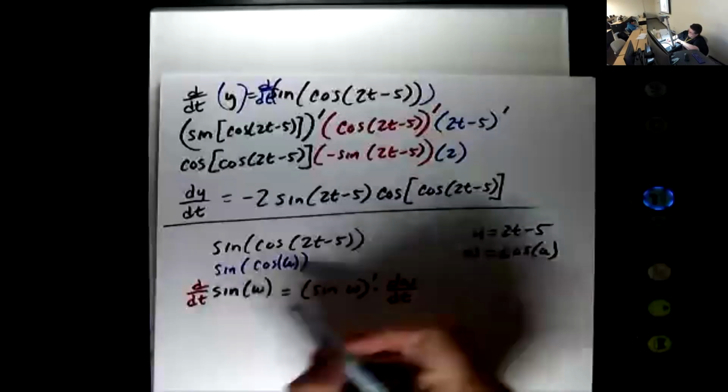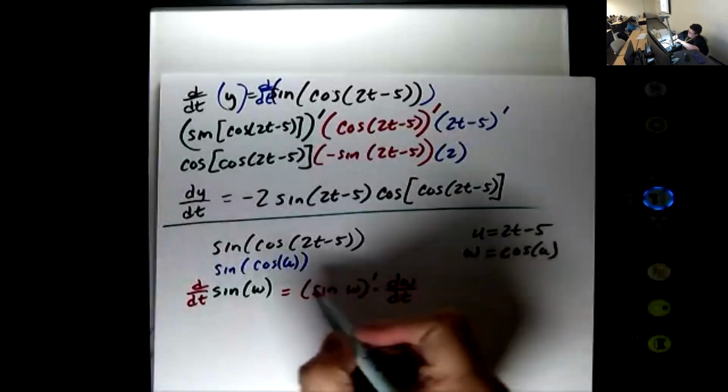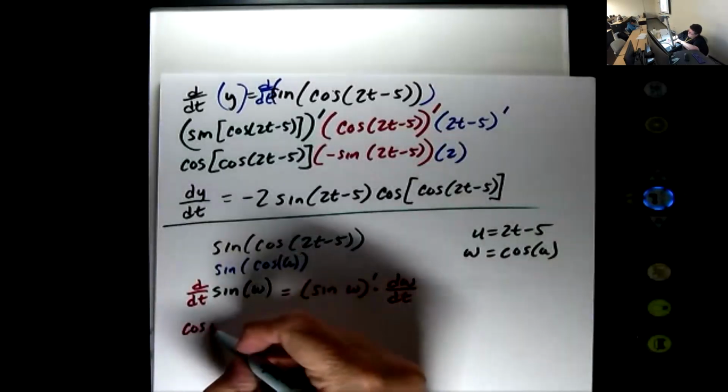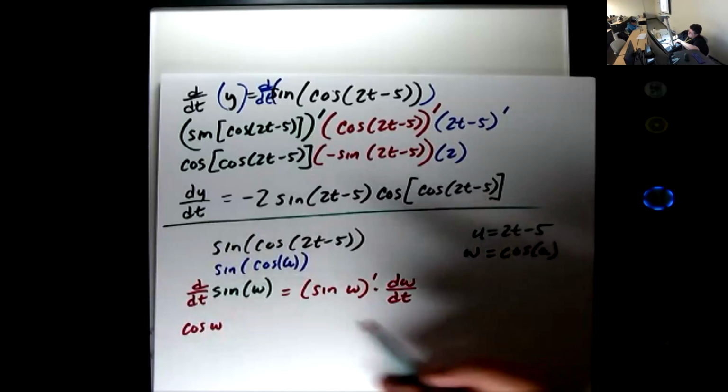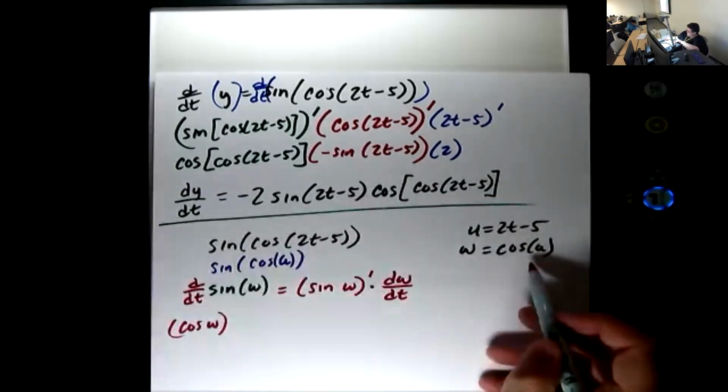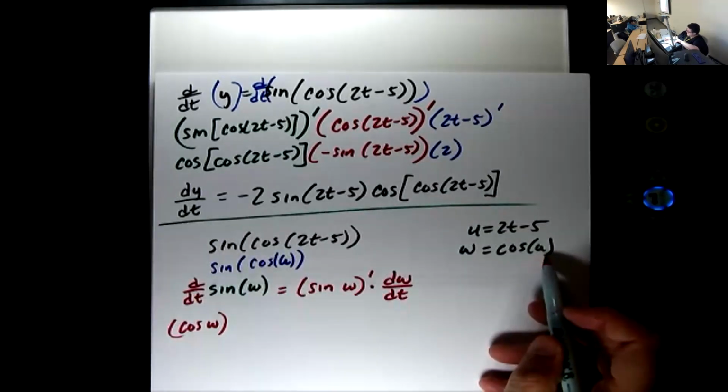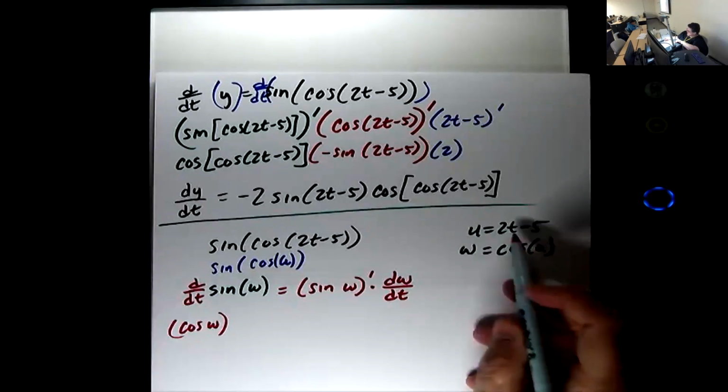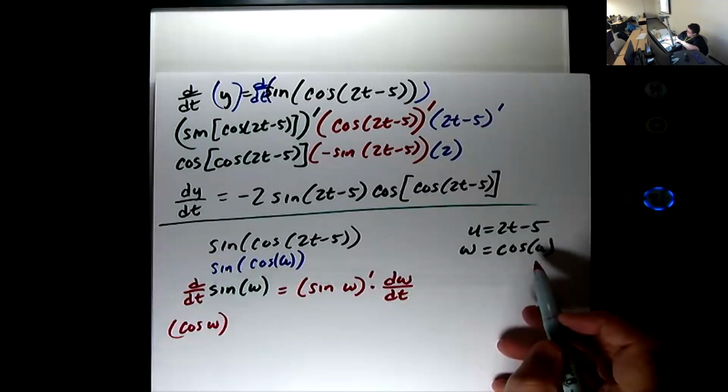So we've got sine w, the derivative is cosine w. And dw dt is the derivative of cosine of u. It's not in terms of t, it's in terms of u, but u is a function of t, so we have to do it again.